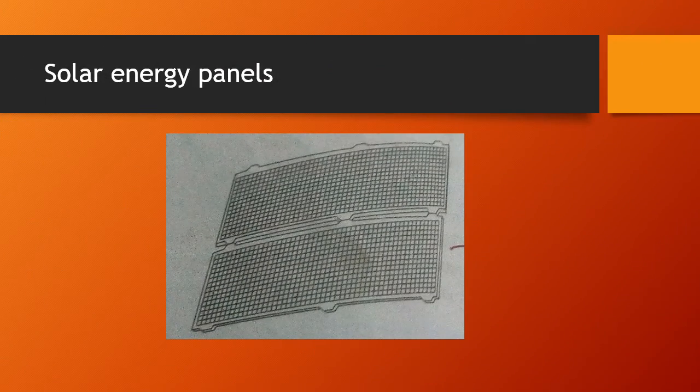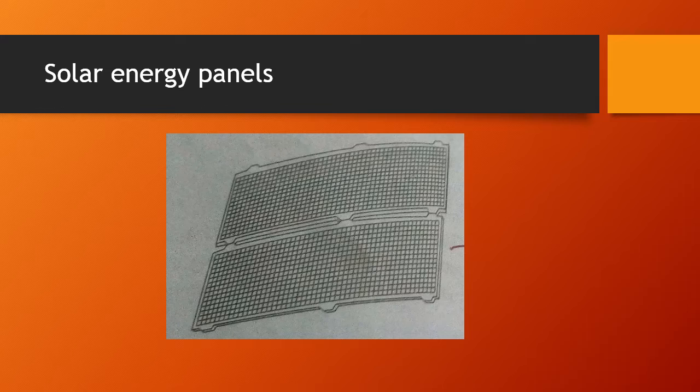Solar energy panels. Solar panels convert sunlight energy to electricity when sunlight falls on them. Pupils, a solar panel has solar cells which absorb light energy from the sun and convert it to electricity.